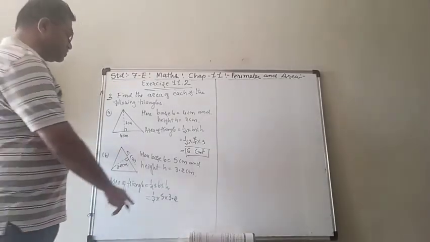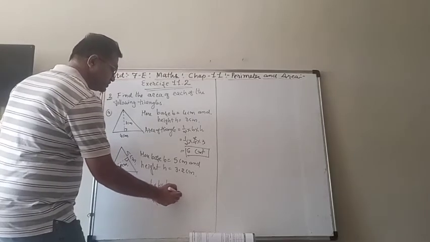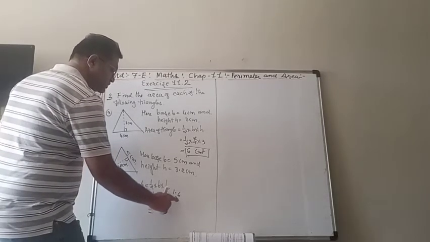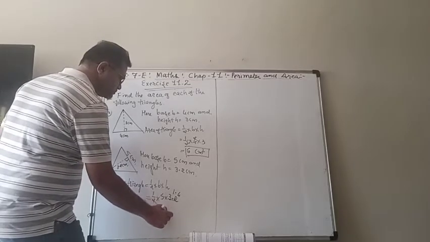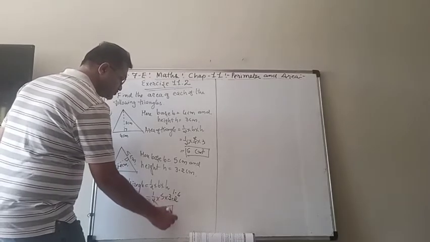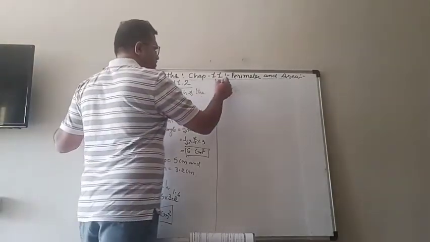Now we know that 16 2s are 32, so we can place 1.6 here. 16 5s are 80, so 8.0 means 8 centimeter square. Now be careful in this third one.